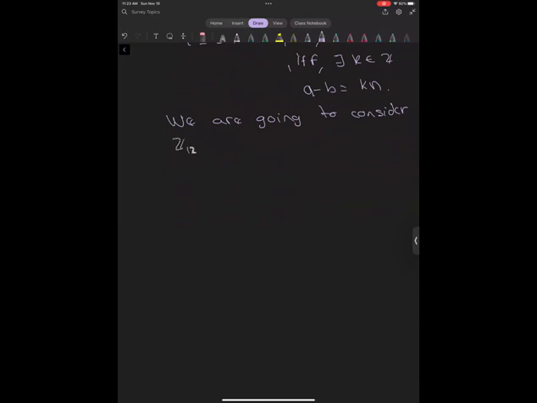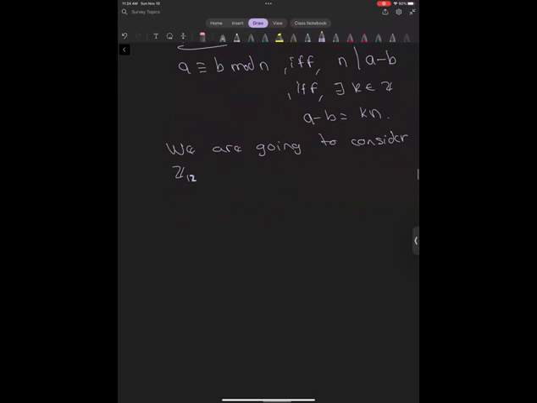So what is C12? C12 is going to be the set of the 0 class, the 1 class, the 2 class, all the way until the 11 class.